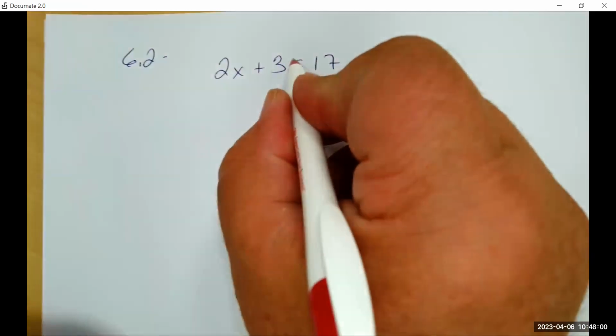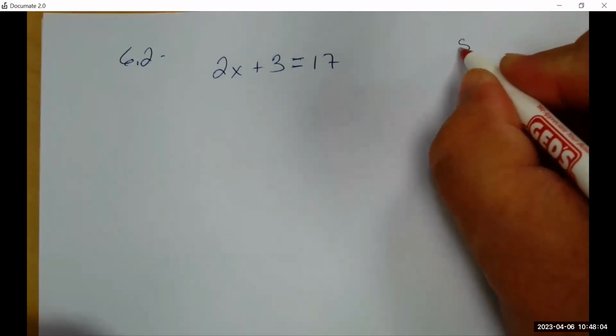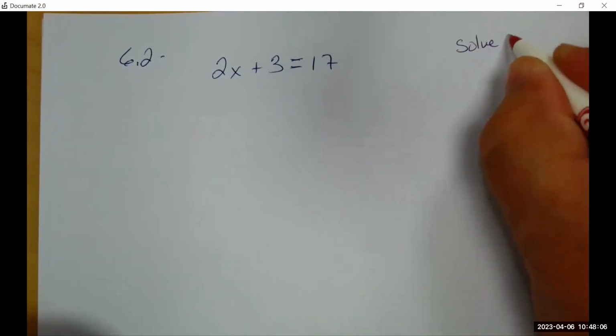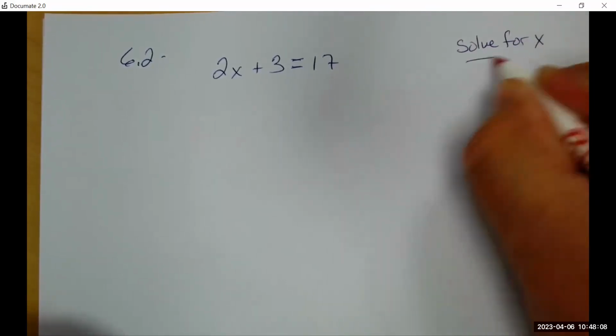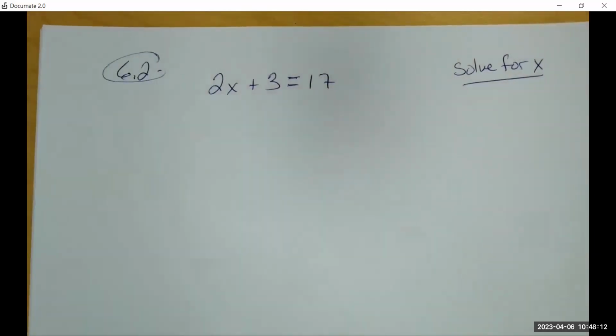Whenever you have an equal sign and a variable, you're asked to solve for x. We do this by a process of opposites, like you've been doing.